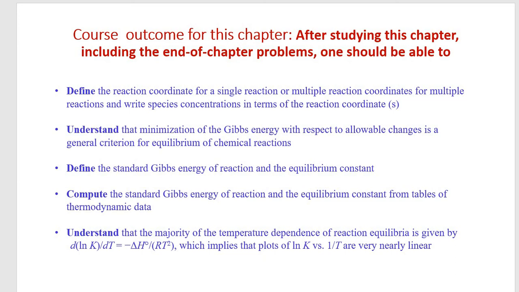This is a very important equation. This is known as the Van't Hoff equation. It relates the equilibrium constant with the standard heat of reaction and the relation between K and T. We shall discuss all details during the course.